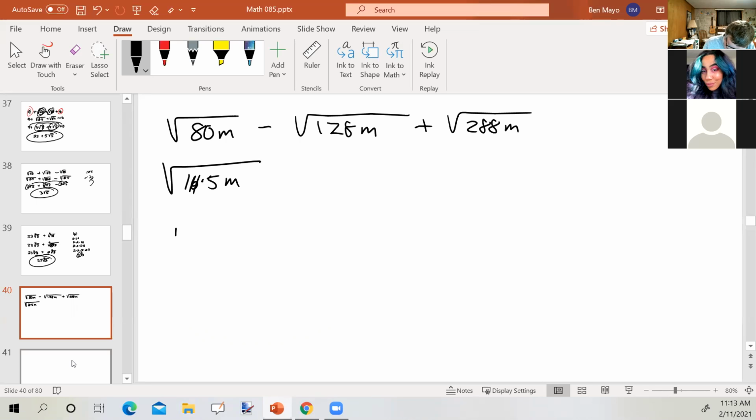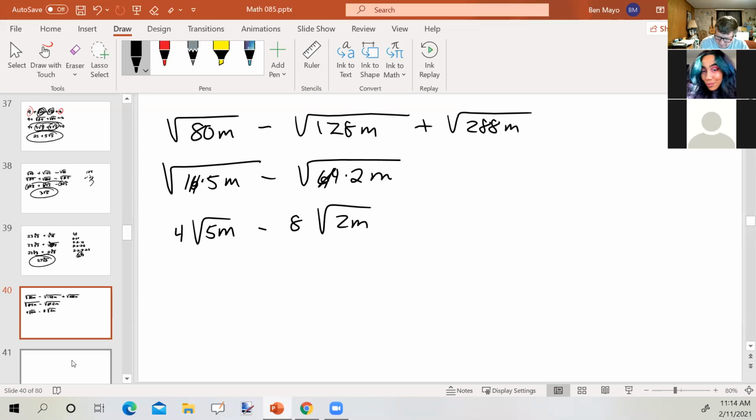So this becomes 4 square roots of 5m. 128 is 64 times 2m. So this becomes 8 square roots of 2m. 288 is 144 times 2m, which becomes 12 square roots of 2m.